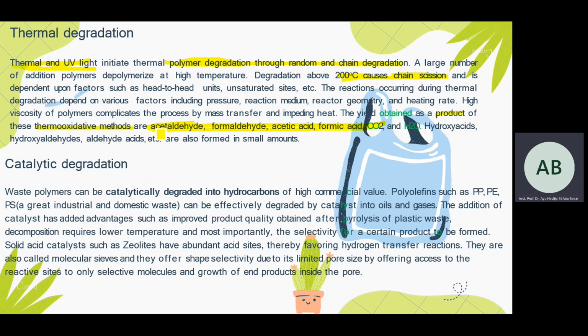Acetaldehyde has its own function. Did you notice a few years back, Malaysia was an issue as a dump site for plastic waste? Other countries dumped plastic waste here.